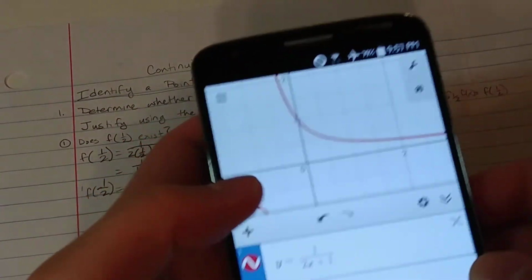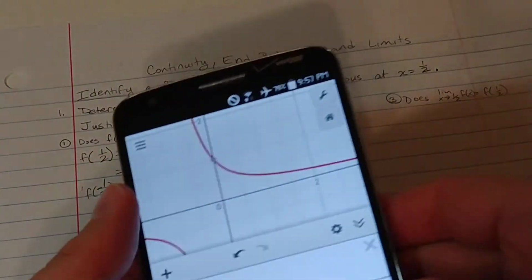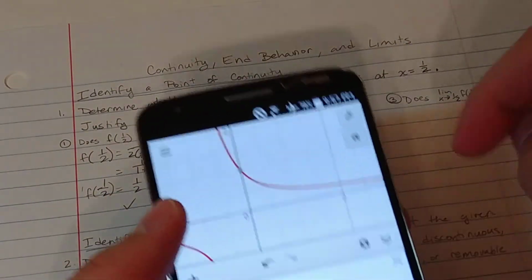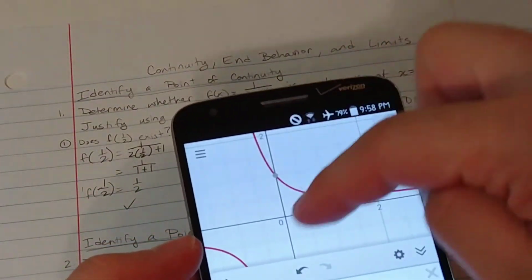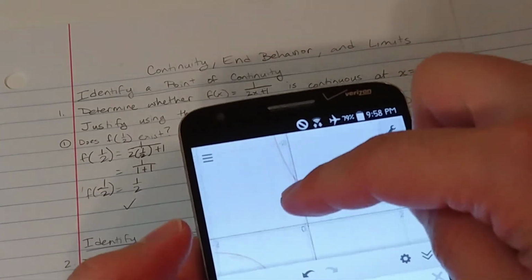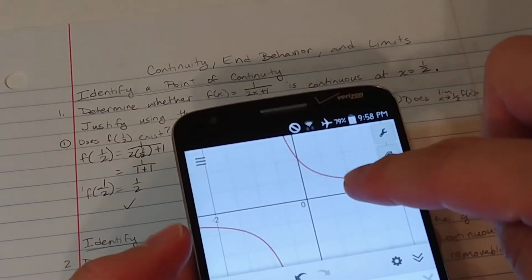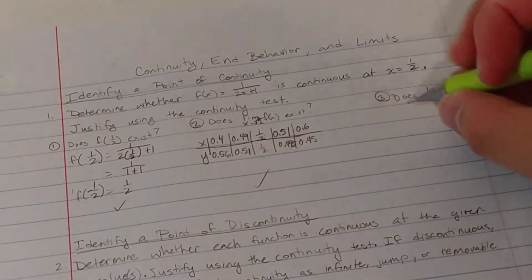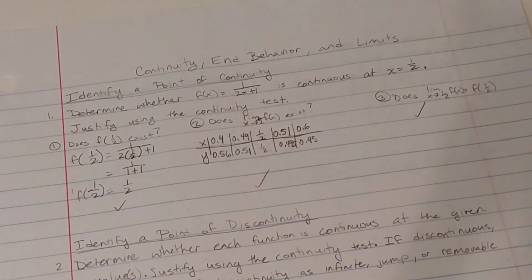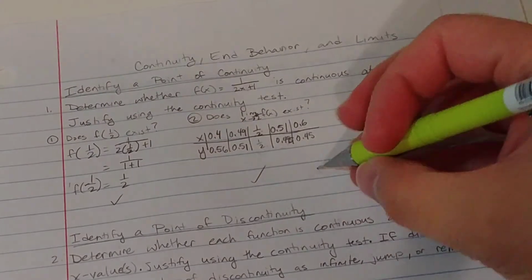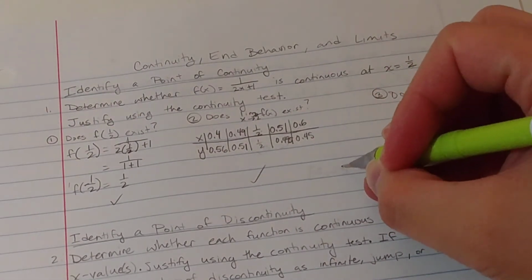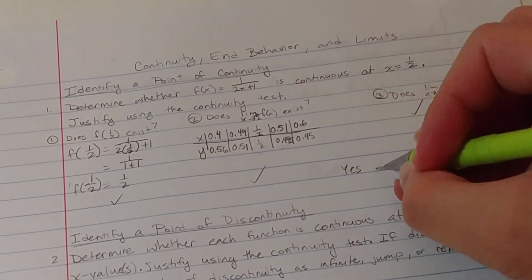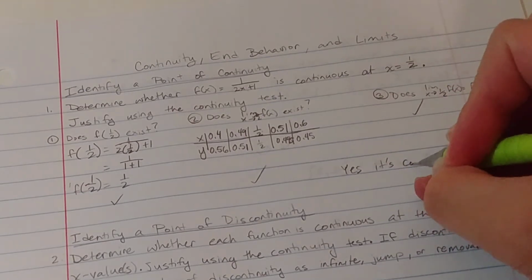So again, we're just focusing on 1/2, not anywhere else. Like over here, notice that it doesn't look continuous, but over at 1/2, it does. So this one is yes. That's it. So this one is continuous.